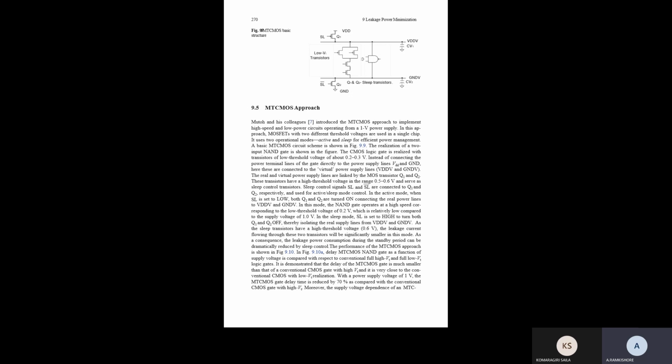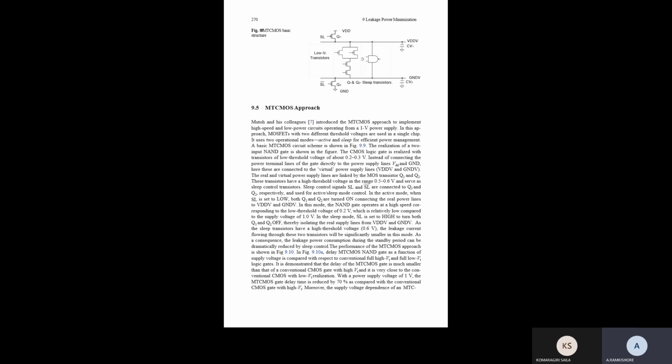That is the approach we perform. The delay of the MTCMOS NAND gate as a function of supply voltage is compared with the conventional full high VT and full low VT logic gates.